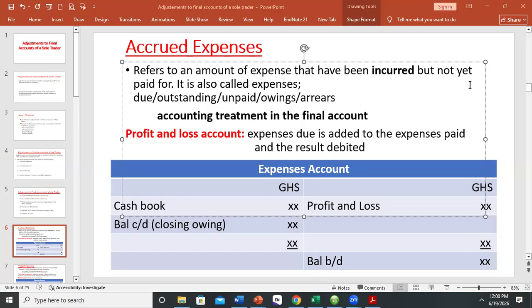Yes, I have Joris. So Joris, let me begin with you, then Abeko will come in. So it's maybe when a business borrows goods from, let's say, suppliers. Okay, so when we pay later. Yeah, we buy goods and we don't pay, right?